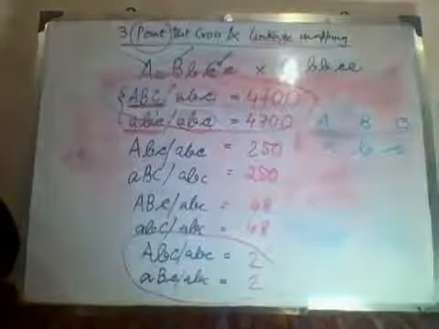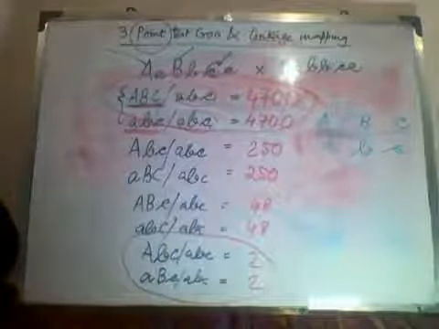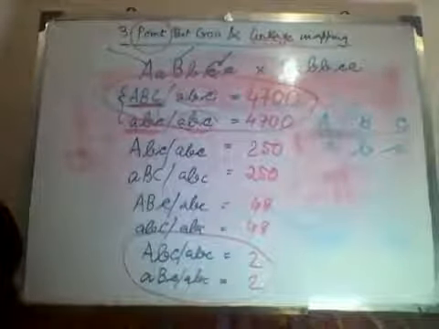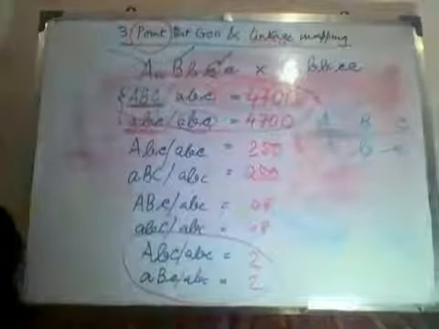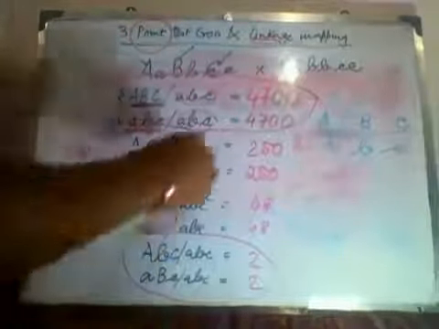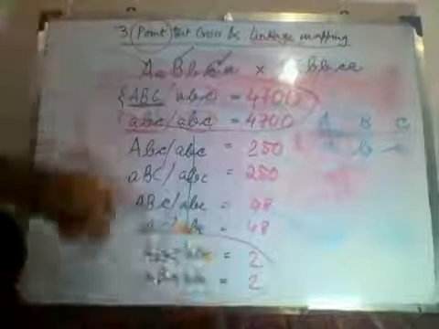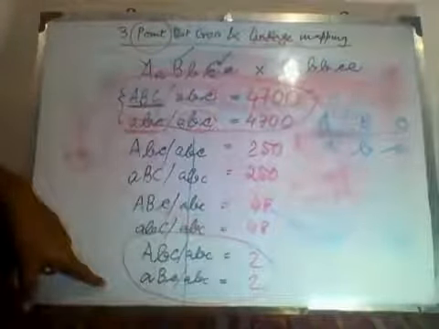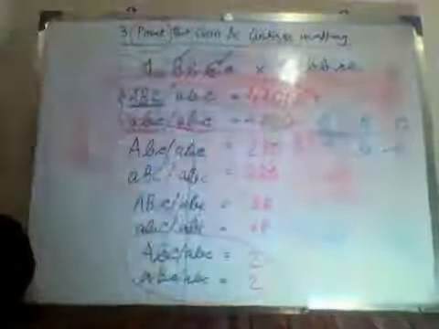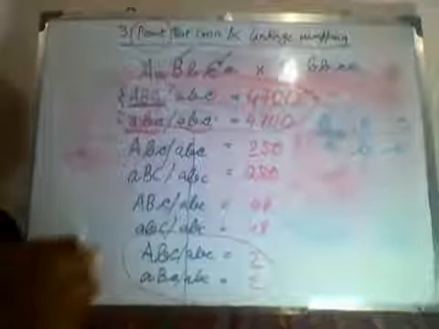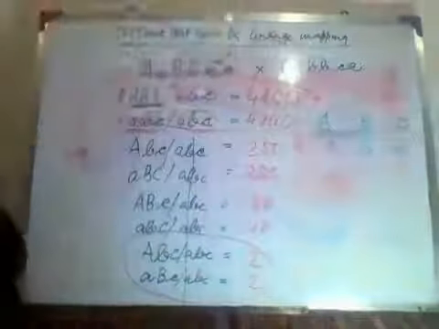Now try to find out which recombinant gametes have formed due to recombination between A and B. In finding this out, you can really ignore this side of the data. Just look at this side of the genotypes that has been provided to you. So if a recombination takes place between A and B, then the gametes that will be formed are capital A, small b, small c, and small a, capital B, capital C, right?